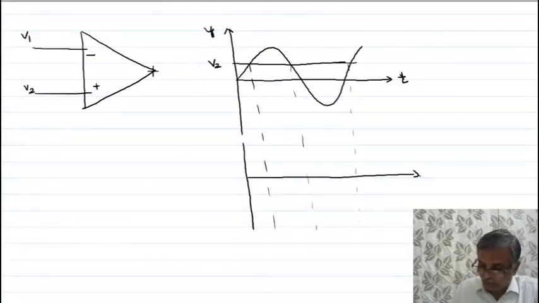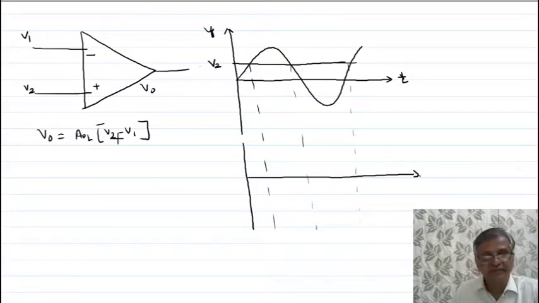So what is my output voltage? You know my output voltage is nothing but AOL times (V2 minus V1). So when V2 is more than V1, you will get positive output. This is your V1 voltage. V1 is less than V2, so output is positive.